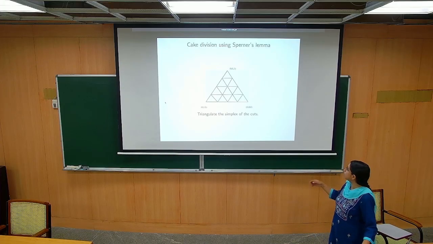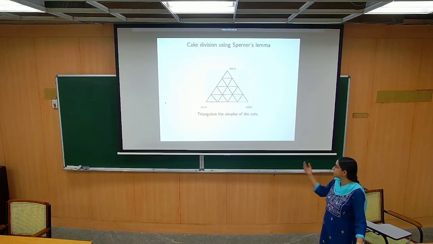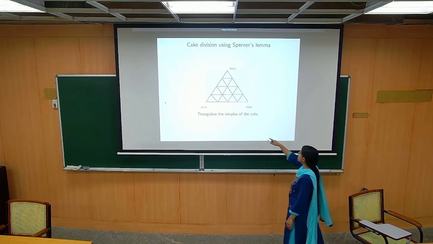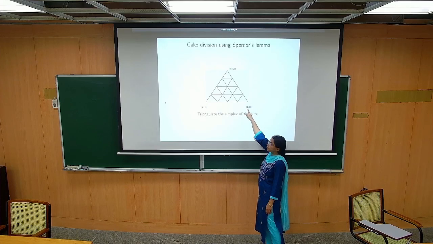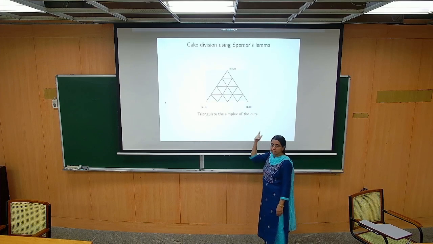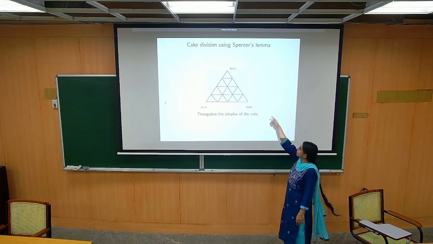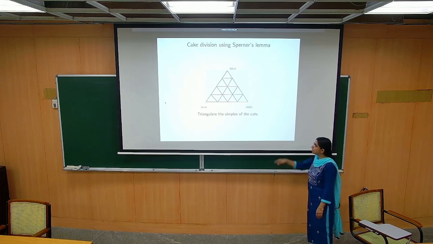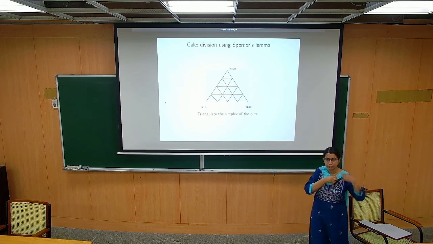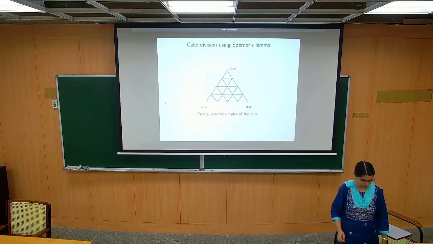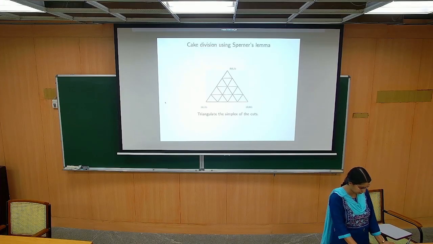The coordinates of the corners of the big triangle are 0, 0, 1; 0, 1, 0; and 1, 0, 0. Note that this corner, for example, amounts to the first piece having the entire cake and the other 2 pieces being empty, and similarly for the other 2. So the corners really correspond to the whole cake going into exactly 1 piece and 2 pieces being empty. We will use this fact in a while.